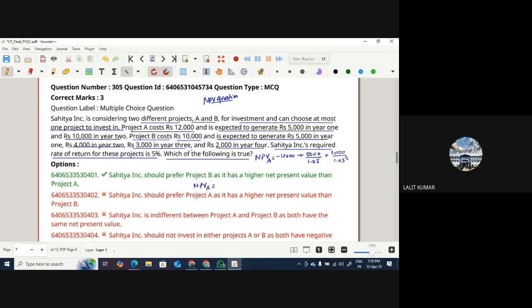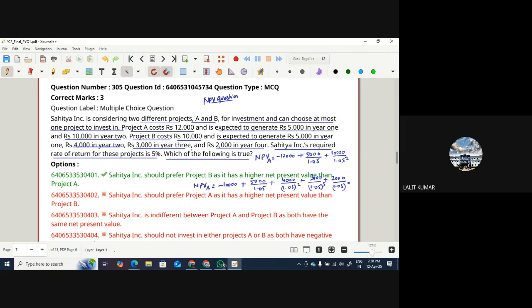And NPV B will be equal to minus 10,000 plus 5,000 over 1.05, plus 4,000 over 1.05 squared, plus 3,000 over 1.05 cubed, and 2,000.